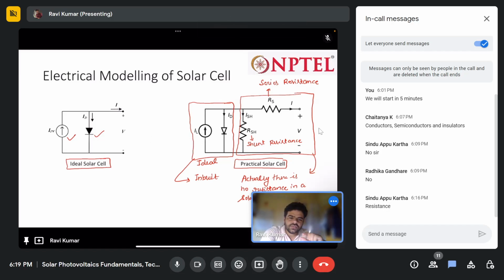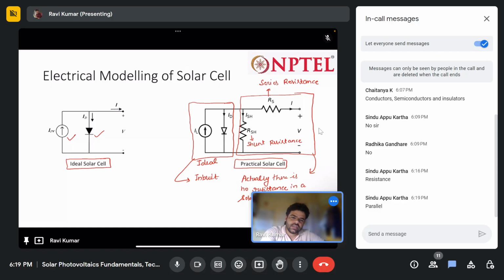Do you know the meaning of shunt? Parallel. Actually, the shunt meaning is not parallel. Okay, I'll tell you one thing. Just let me know the answer.